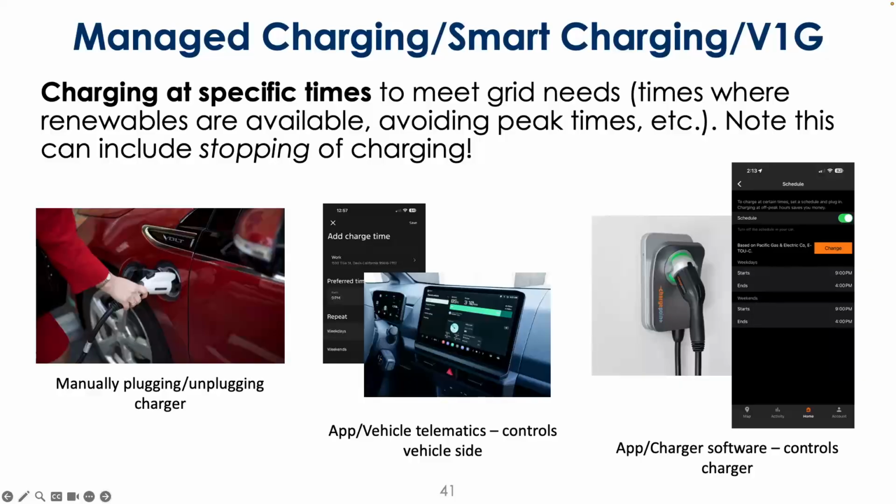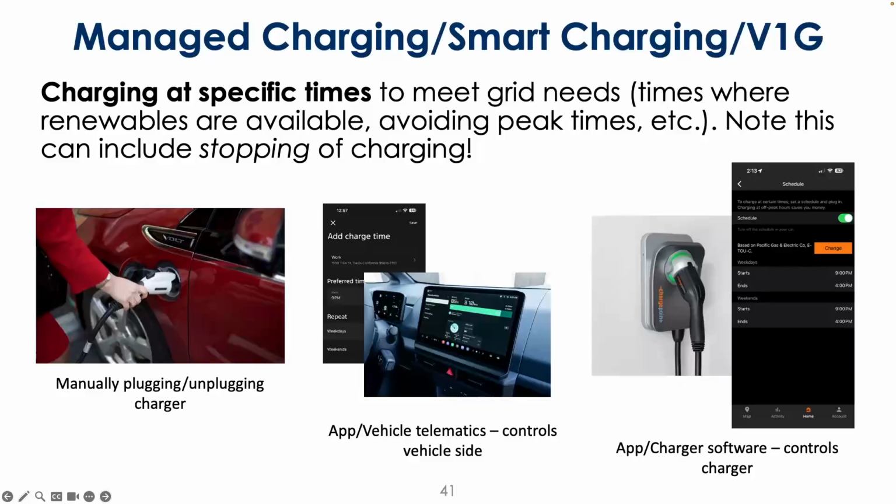So that's actually a picture of my app, where you can put in your utility and then the rate structure that you're in, and it'll just not charge at times that are more expensive. So if I were to go home and plug in at like 5 p.m., nothing would happen because that's at peak times. It would wait until 9 o'clock p.m. and then it would start charging when the prices drop. Okay?